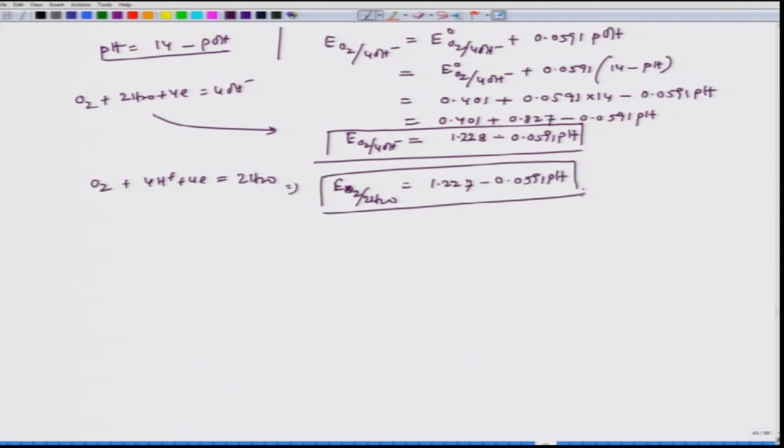Now, you could see that these two reactions are almost similar, with a little bit of difference in the third digit after the decimal, but this difference is not going to be there if we take the exact value of all the parameters for calculating this quantity or this quantity. Okay. So, finally, we can say that these are equivalent reactions.